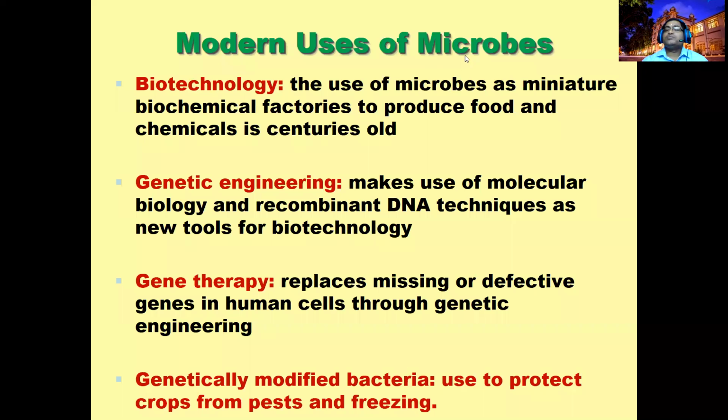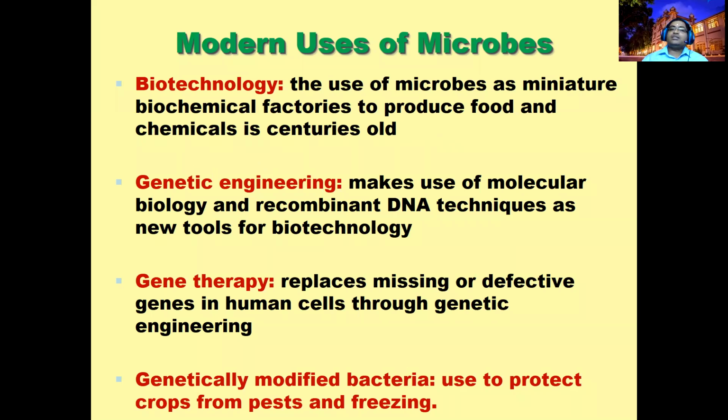For example, Agrobacterium tumefaciens is an organism used everywhere for gene transfer, and also for producing food and chemicals. And DNA engineering technologies: nowadays the COVID-19 vaccine is made by DNA engineering technology, that is, gene editing technology.